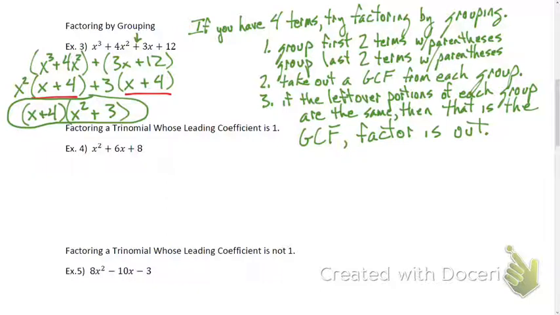Number 4 is very simple. Number 4 is your traditional factoring problem. It's if you have a 1 as the front number.